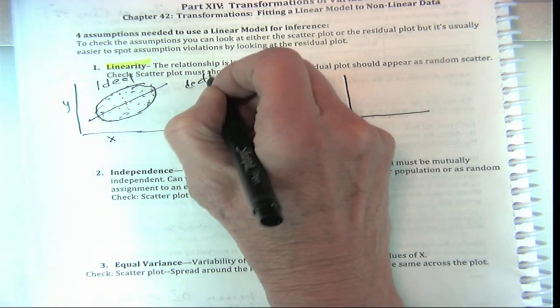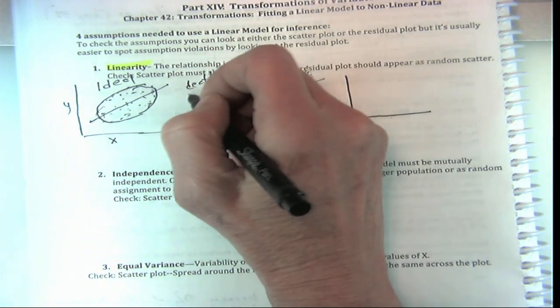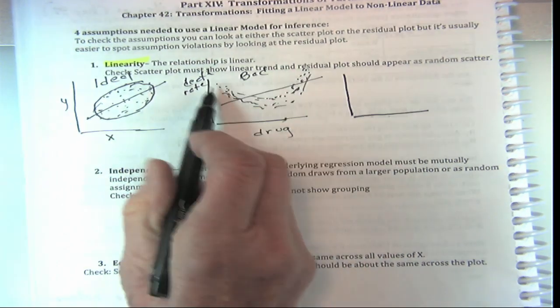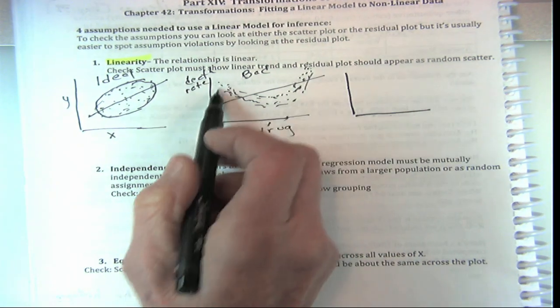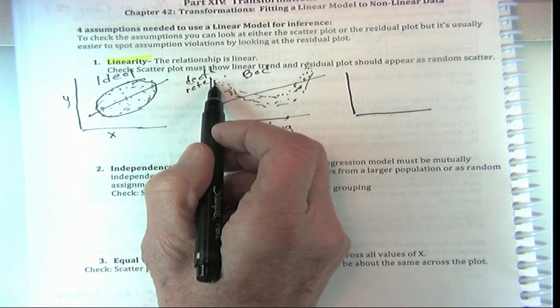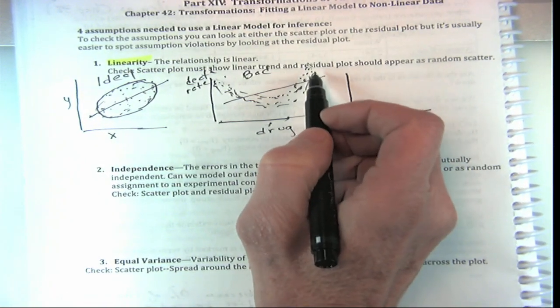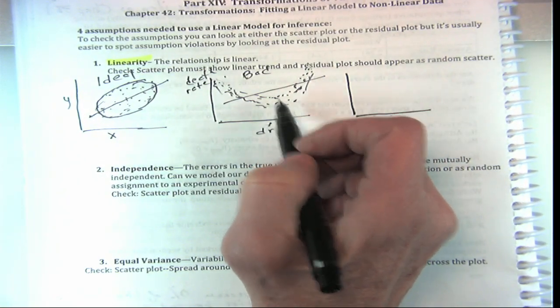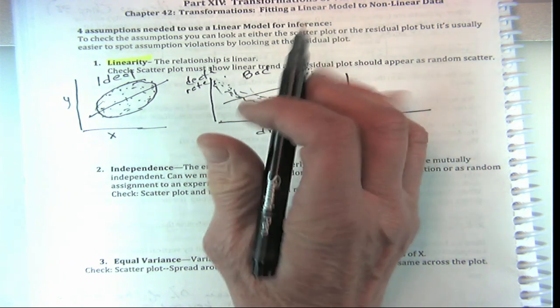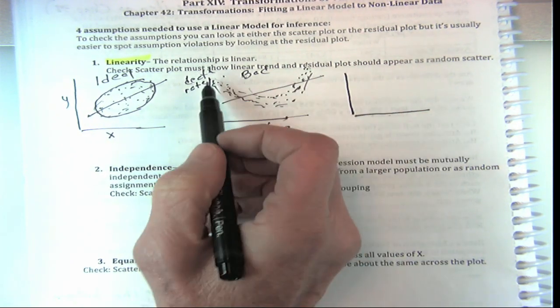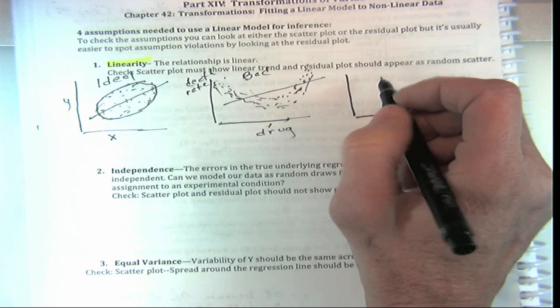I mean, a drug that's good for you, not like a street drug or something. So the death rate goes, if you have too little of the drug, you're going to die, right? And if you have too much of it, you might die. You do an overdose, but right here would be perfect. So something like a linear plot wouldn't capture that relationship, and same with something like this.